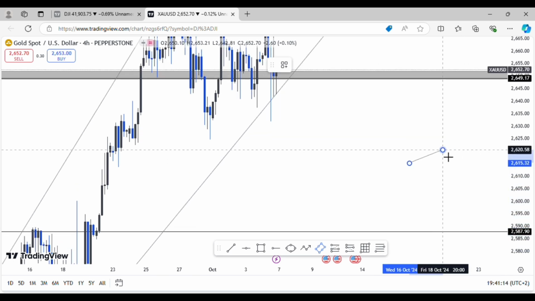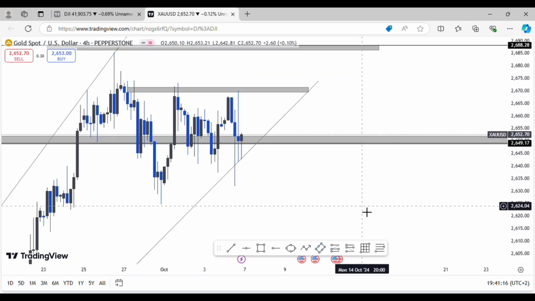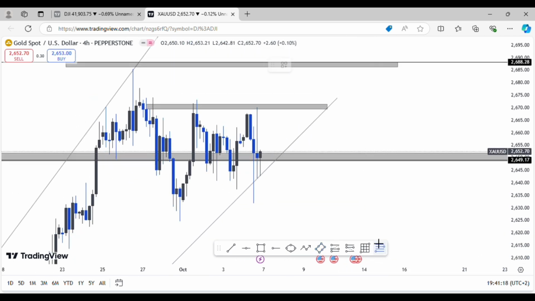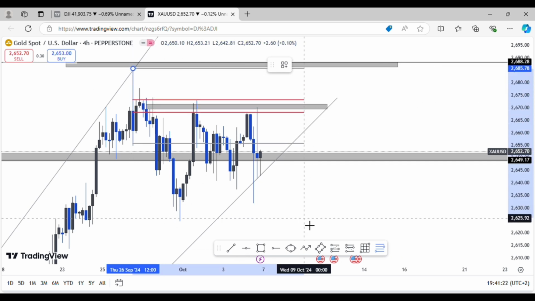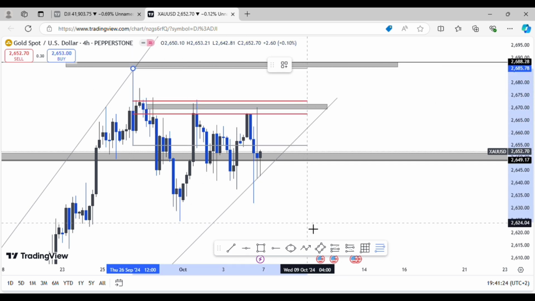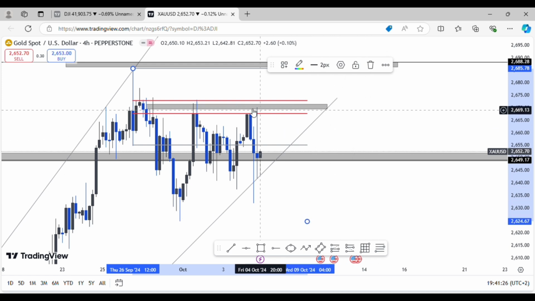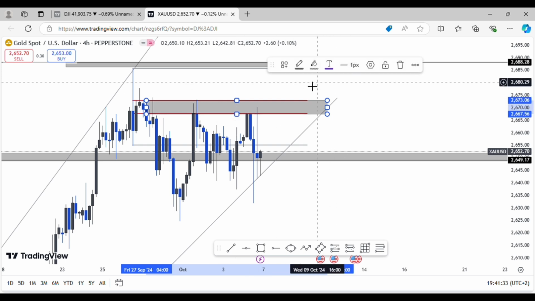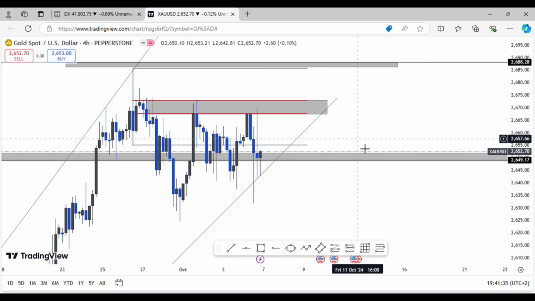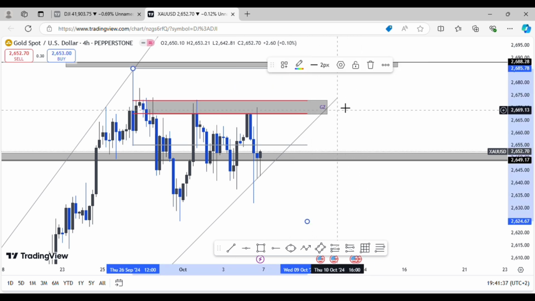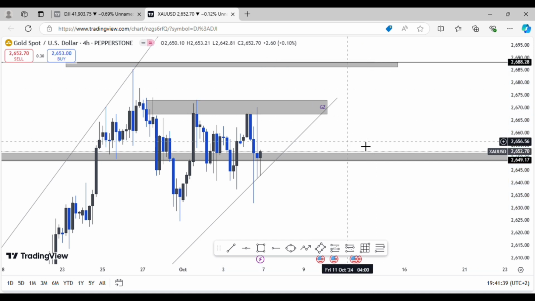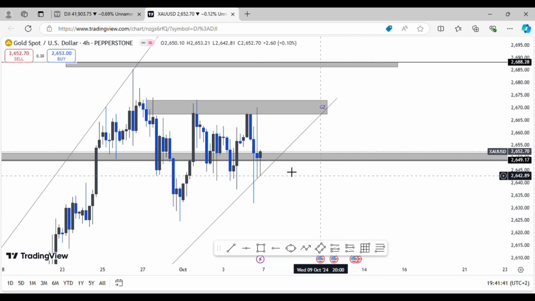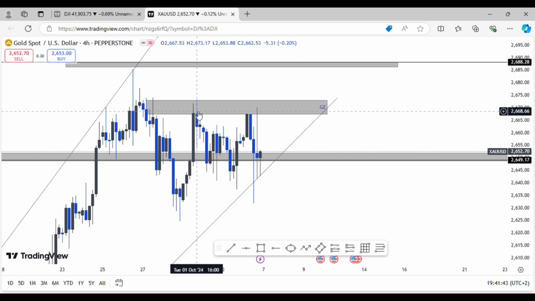But then let me just use my tool to see any possible retracements that I can find. So I'll just take it there to my key. So as you can all see, guys, this was acting as my golden zone, and it has been tested for 1, 2, 3 times.